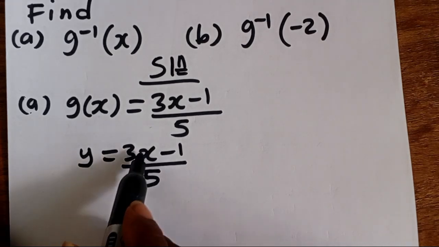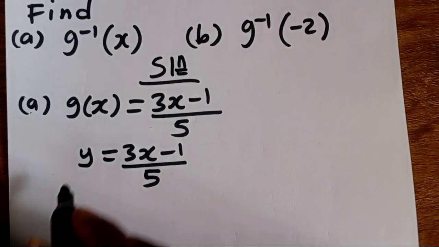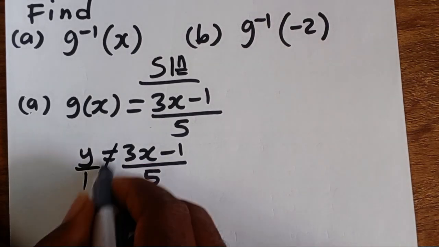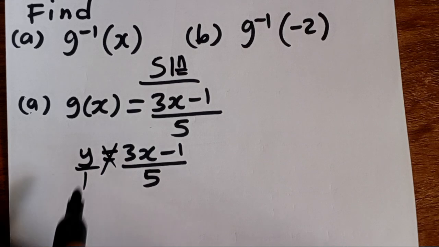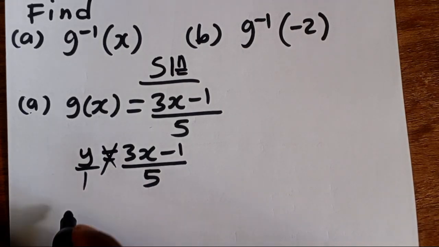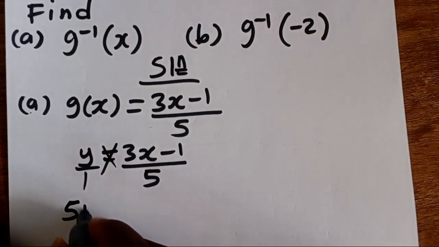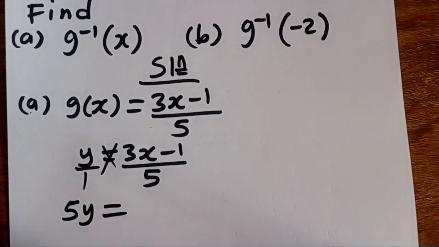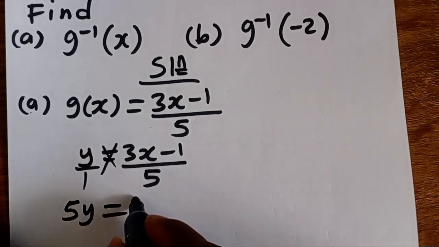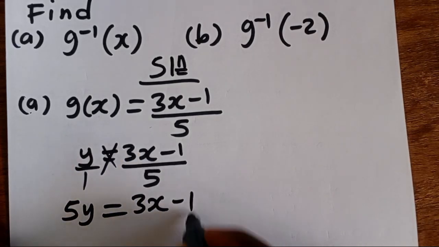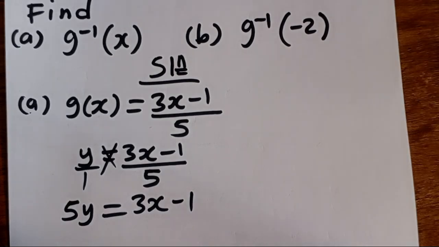So how do we make x the subject of the formula? Here, this is over 1. You need to cross multiply. So it is going to be y times 5. It will give us 5y equals 1 times 3x minus 1. It is 3x minus 1. Remember, we are making x the subject of the formula. So this is negative 1. Negative 1 will come this side. It was negative 1. When it crosses the equal sign, it will be positive 1.